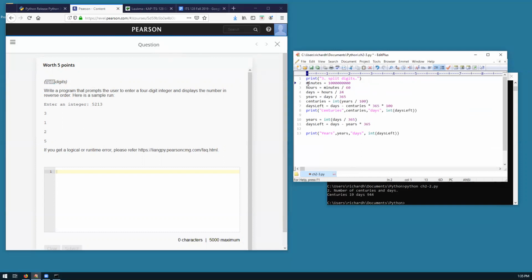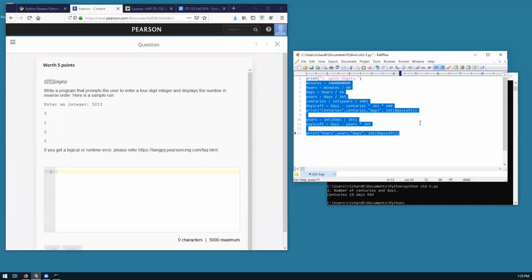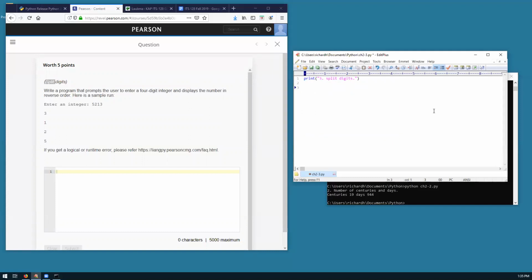And so I'm going to make this be, let's see, first I got to read in a digit. You can figure that out. So I'm going to say digits equals something that was just read in, like this. I'll just do this one: 5213.